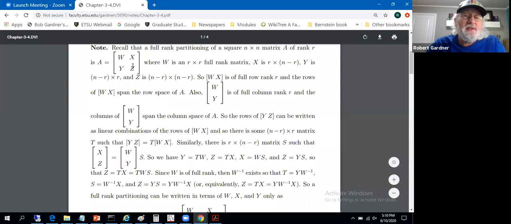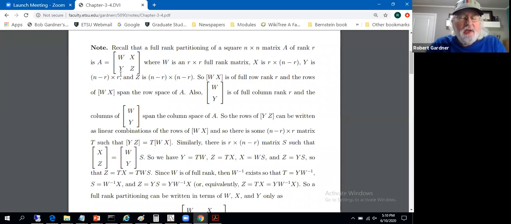The [X Z] columns are linear combinations of the [W Y] columns because of the rank and the dimension of the column space. Okay, so we can introduce matrices T and S.